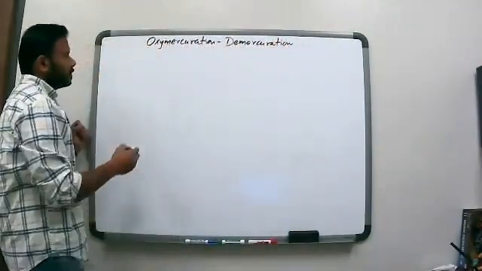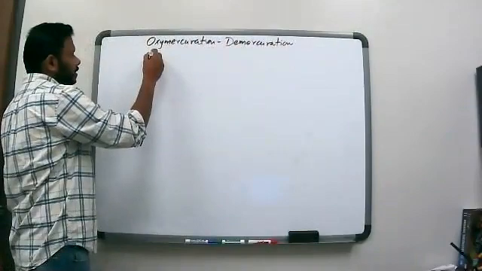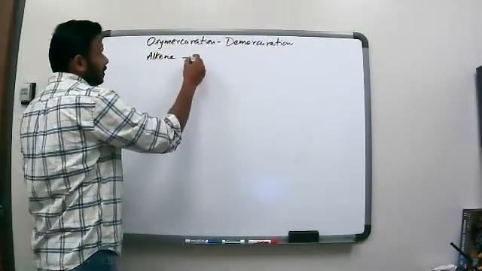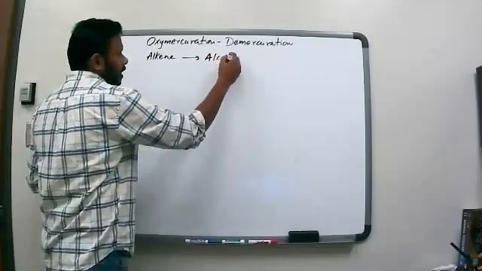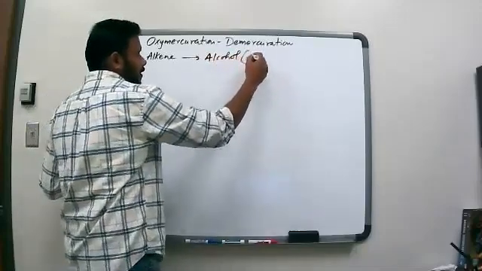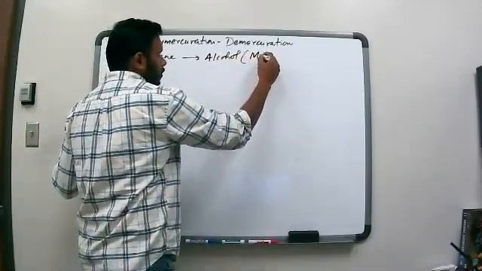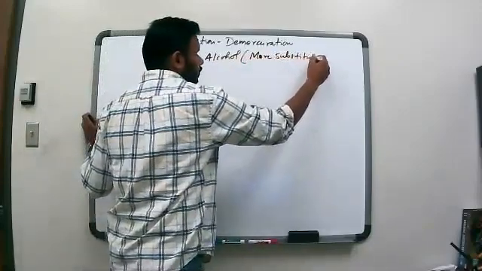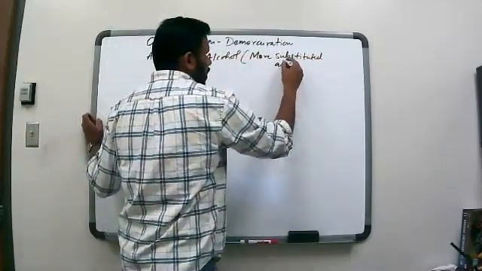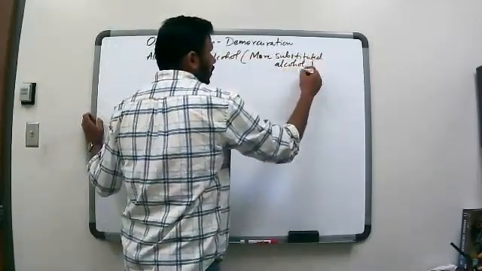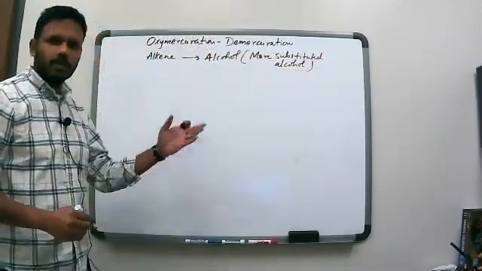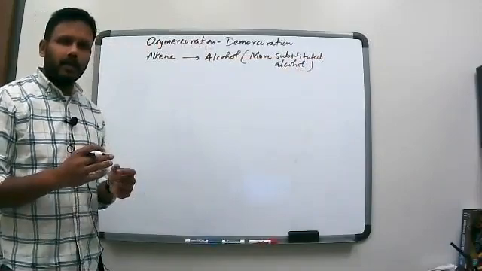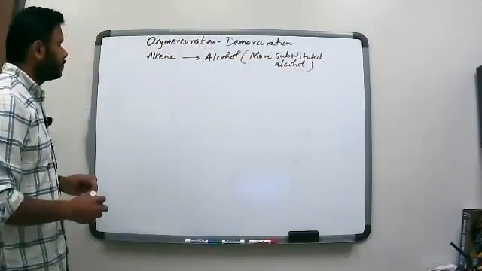What this reaction does is it converts an alkene into an alcohol, and the more substituted alcohol is the product. So there are some similarities with an alkene hydration itself.